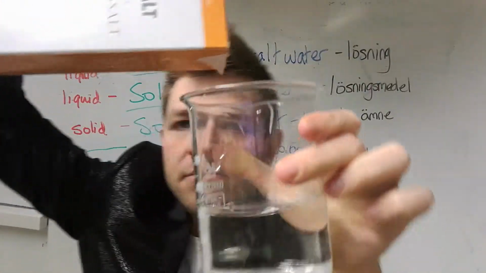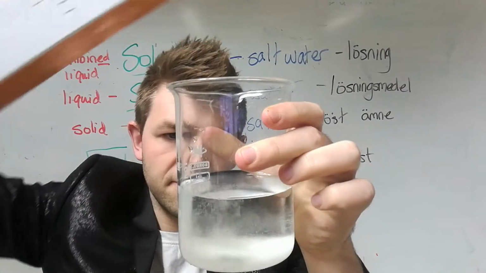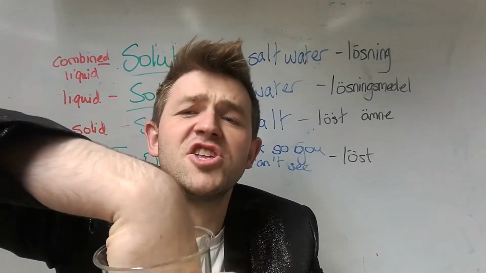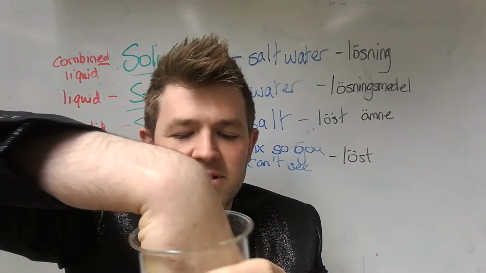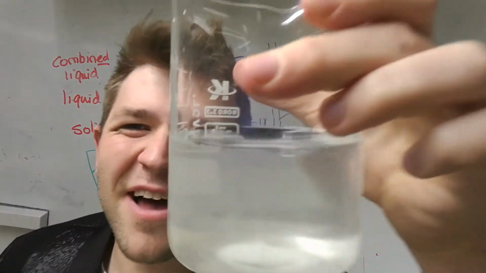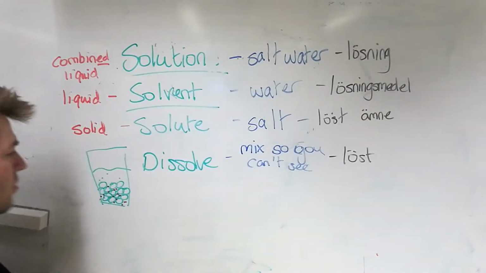Let's put some more salt in. Give it a good mix. I should use not my hand. We do have mixing rods. Now, I can see the salt, can't you? The salt has no longer dissolved. Of course not.